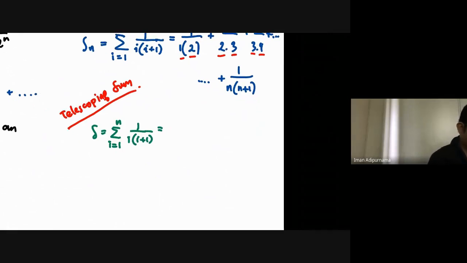We can change the form first. Okay, I think we can change this form. Partial fraction.